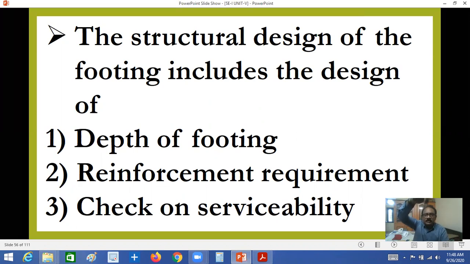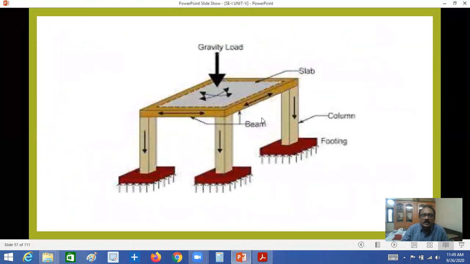Second is to calculate the reinforcement. Third is to check serviceability conditions. First we calculate the depth of footing from the bending moment, then the reinforcement, and we check one-way shear and two-way shear for serviceability conditions. This is an example: one room, it may be multistoried, with a number of rooms.